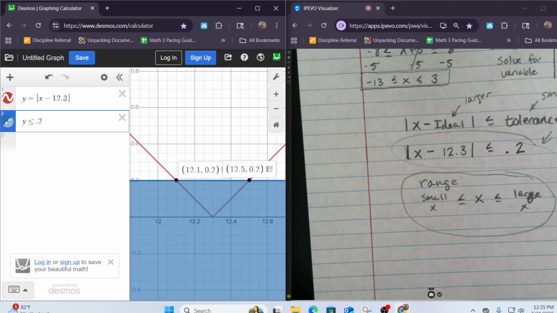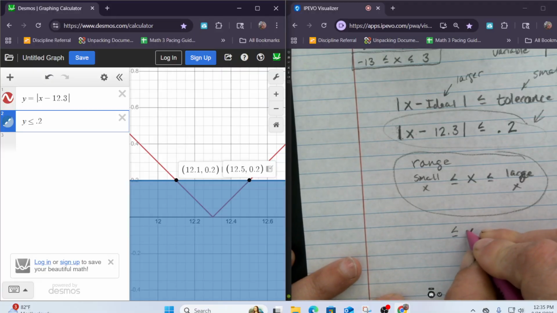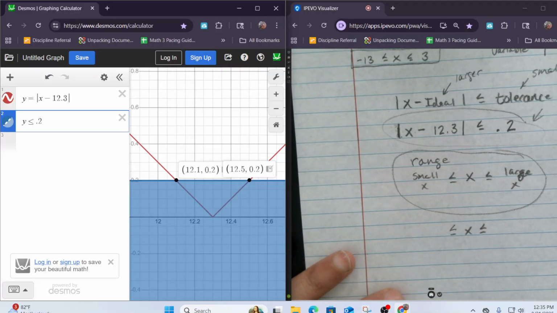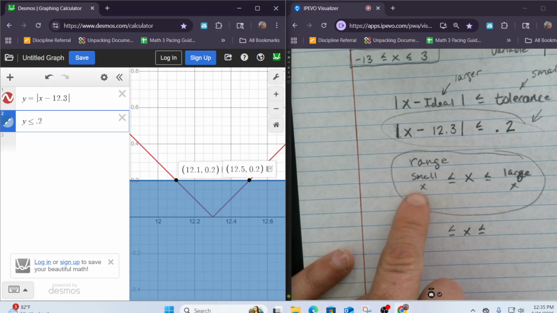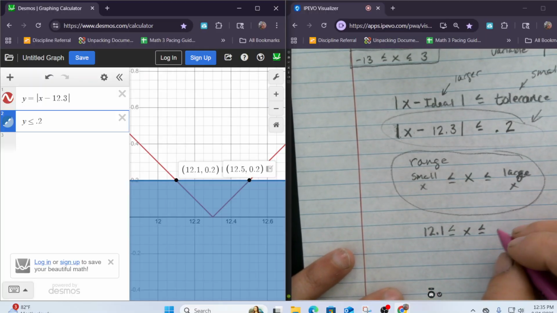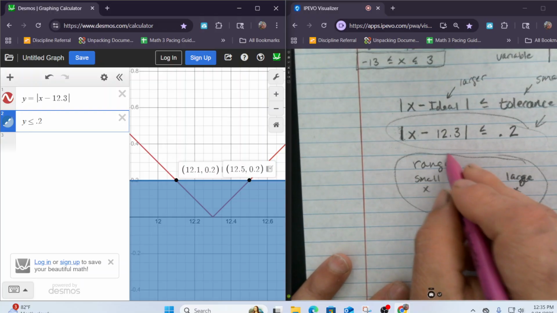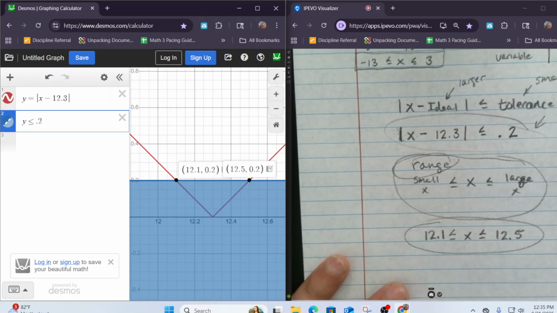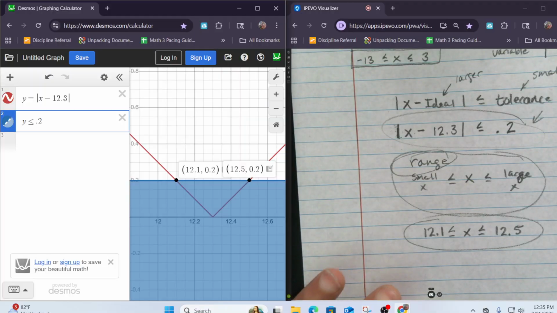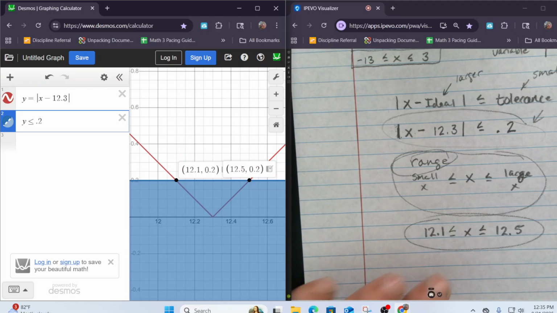Now, the answer, and this is actually your answer too, is less than or equal to x, less than or equal to, the small x value, which is 12.1, the large, which is 12.5. So if you see the word range, your answer is going to look like this. I will put that on my note card. If I see the word range, it's the inequality.